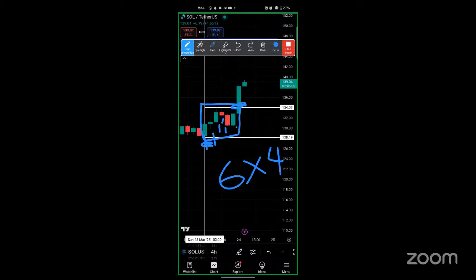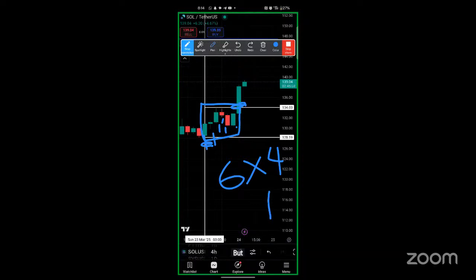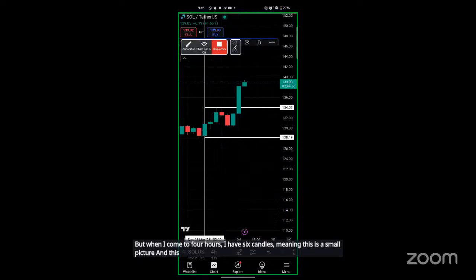Meaning that if I was trading in one day, I only had 1 candle. But when I come to 4 hours, I have 6 candles, meaning this is a small picture and this is a big picture.